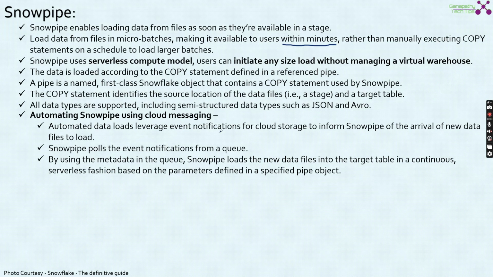Automated data loads leverage event notifications from cloud storage to inform Snowpipe of the arrival of new data files to load. As simple as it is, in any of the cloud storage systems, say AWS S3, once we place the data file, automatically we have the option to trigger the next action, which we call the event notification system.